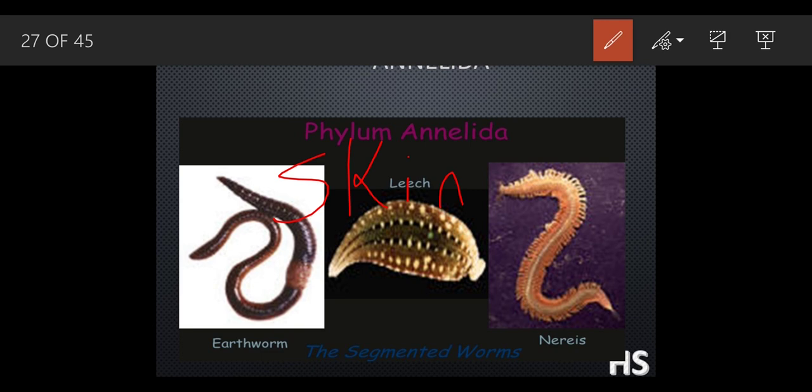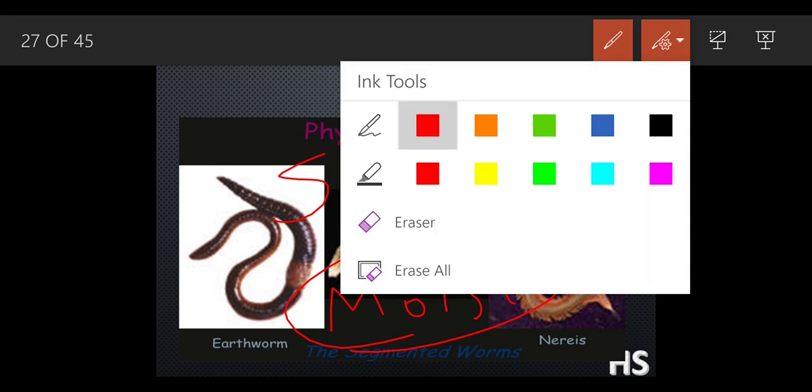If you touch the earthworm, their skin is moist, and through this moistness they respire with the help of the skin. Why does their skin have to be moist? For respiration, because dry air is not suitable for the earthworms.